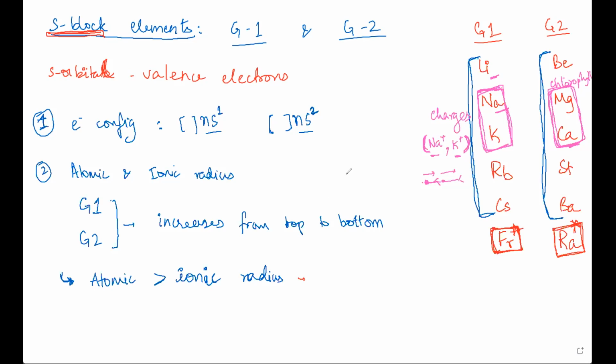Generally, even in group 2, for example in magnesium, both the electrons are lost when they form ions. So it does lose the shell at the end. That's true. If they have to form a stable ion, they would have to lose both the electrons.